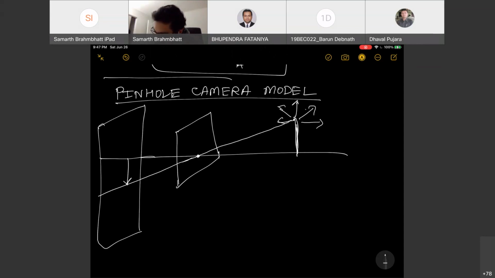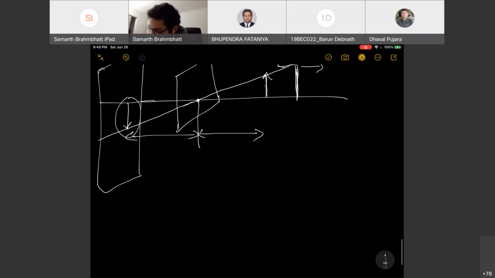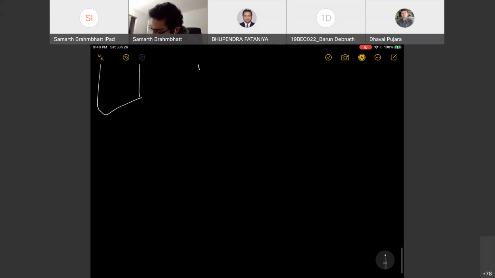And this is, I think you learned this in optics, and also if you want to analyze this inverted image, you can think of this also as a virtual image on the other side at the same distance from the pinhole. So let me just draw that figure again for neatness.